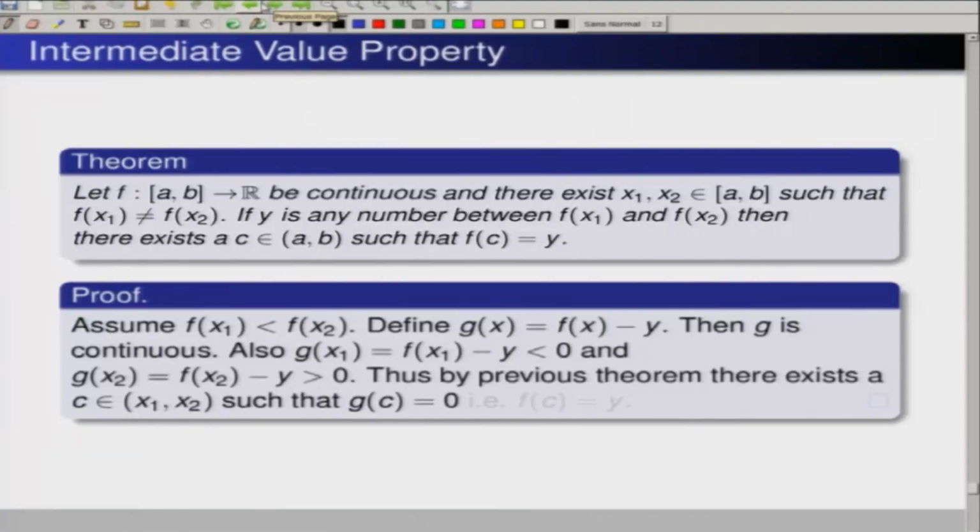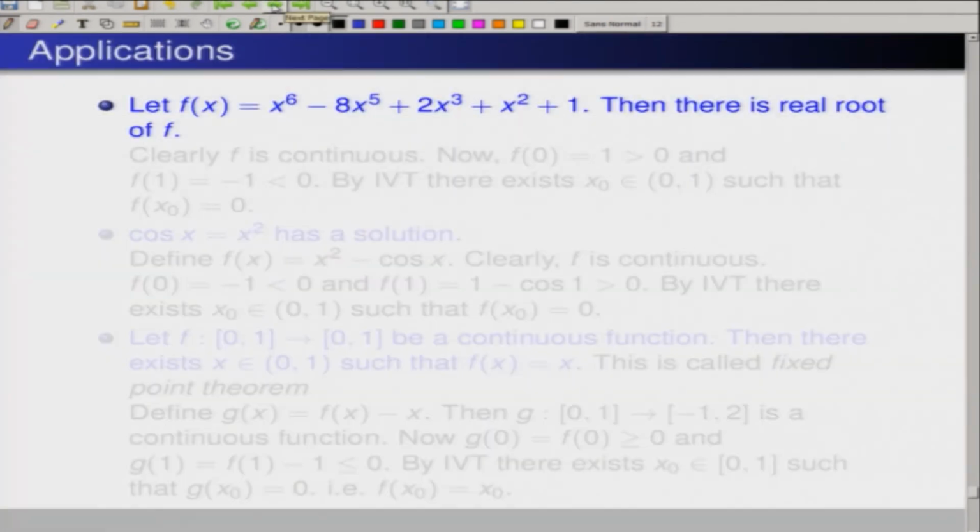Therefore, there is going to exist one point between x 1 and x 2 where g is going to take the value 0. That is, there exists a c such that g of c is equal to 0. g of c equal to 0 means f of c minus y is equal to 0. Therefore, f of c is equal to y.